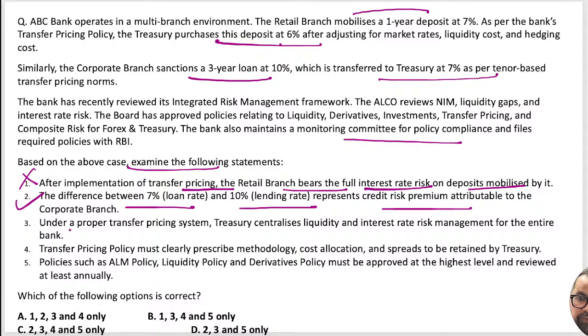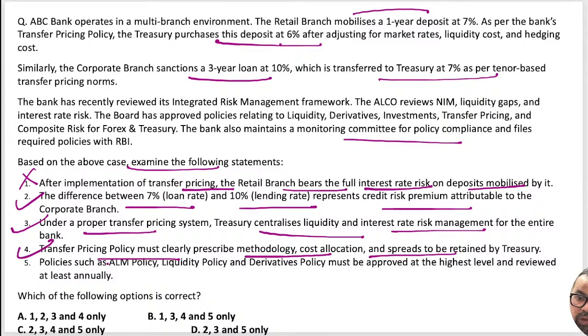Under a proper transfer pricing system, Treasury centralizes the liquidity and interest rate risk management for the entire bank. This is true. Transfer pricing policy must clearly prescribe the methodology and cost allocation.